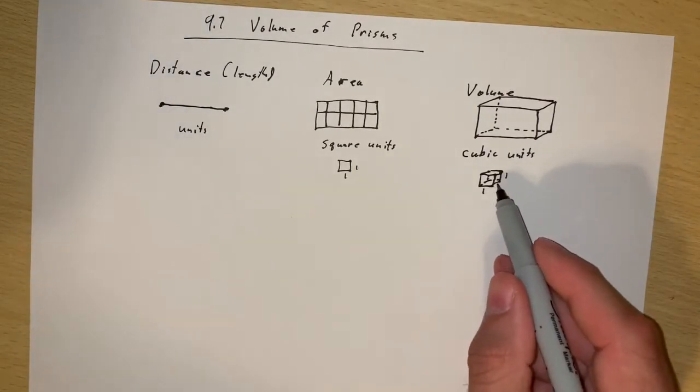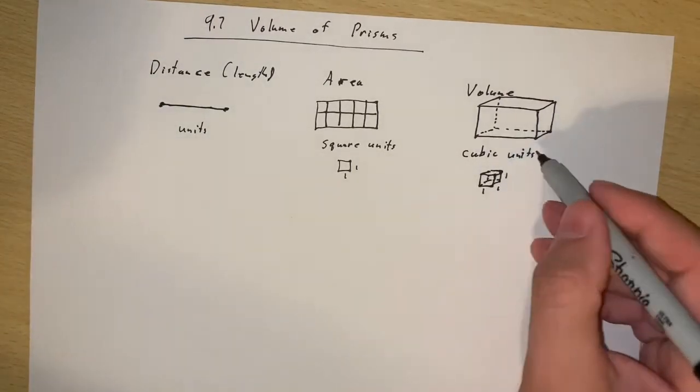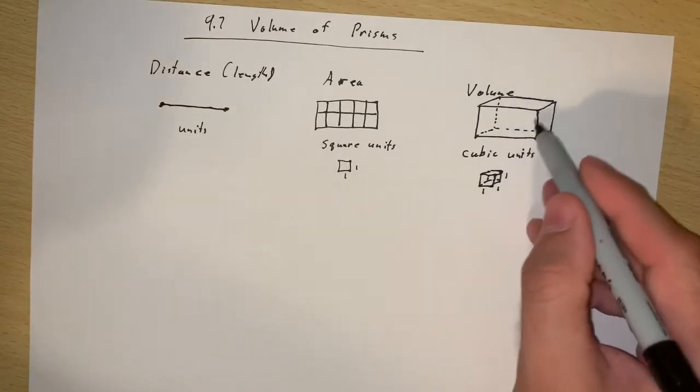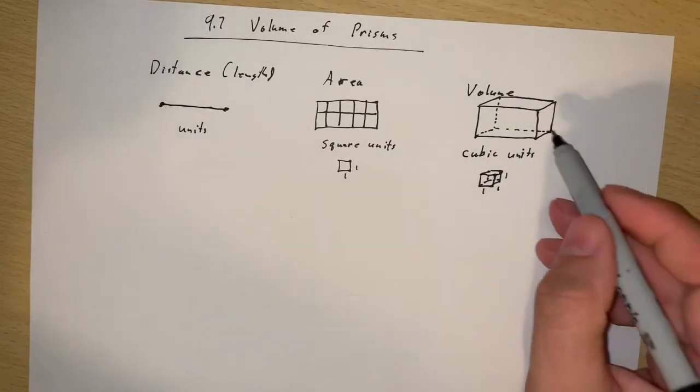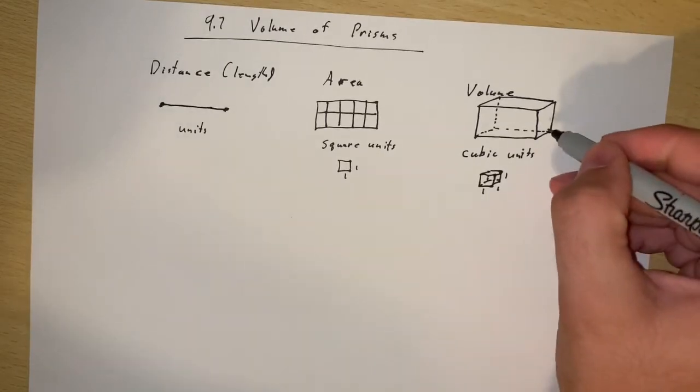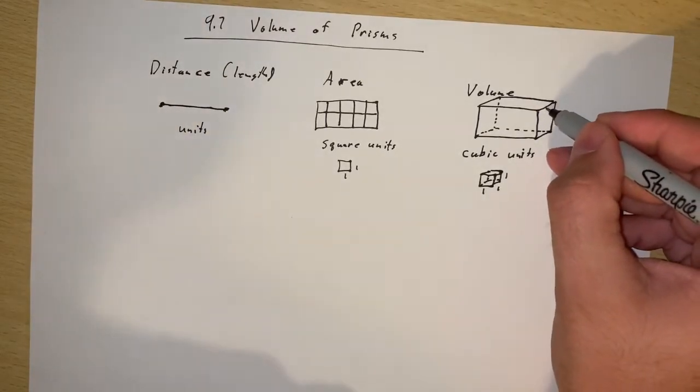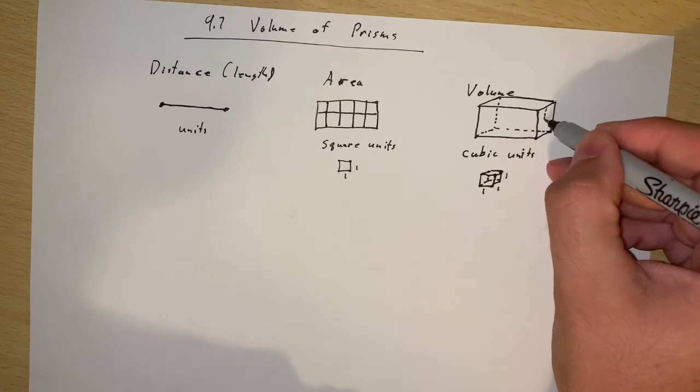That's 1 cubic unit. So we want to know how many cubic units are going to fill a three-dimensional space. That's what volume is. So let's say we had this split up like this.